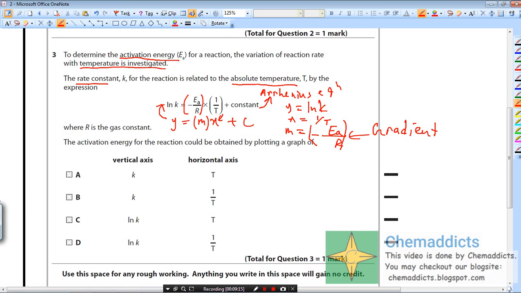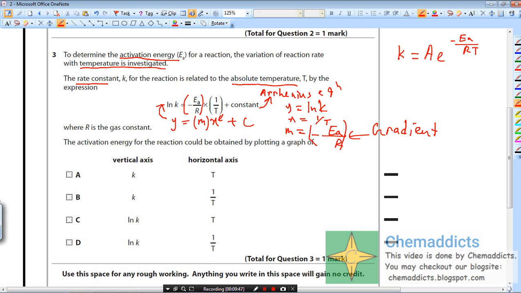So that's why this equation corresponds to a straight line, and that's why we have introduced ln on both sides. The actual equation is k equals A e to the power minus Ea by RT. So that's the basic equation.